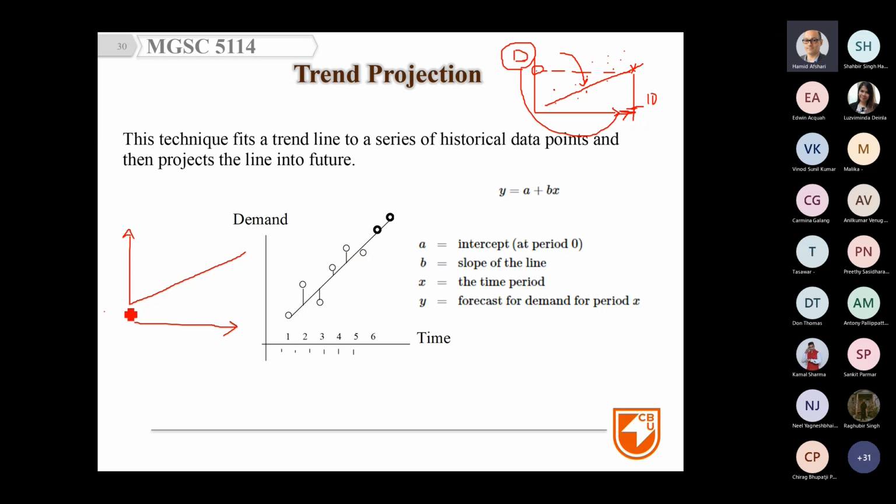If I want to write the equation of this line, it can be written as y = a + bx. Here, a is the intercept, which is the difference here. b is the slope, so b will be determined here, and x is here, which in this case is time.